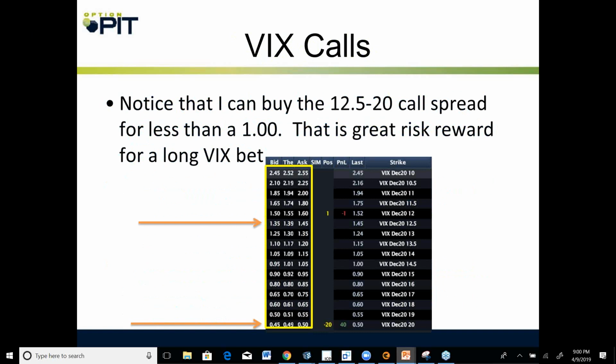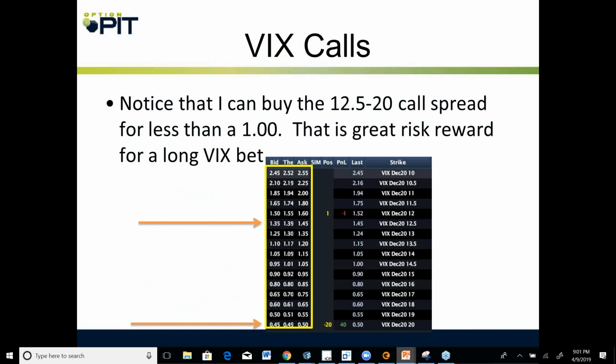VIX at the time was about 11, and I could have bought the 12.50 20 call spread for $1. So I can get $6.50 for the cost of $1 using a call spread. That is inexpensive hedging in my book.